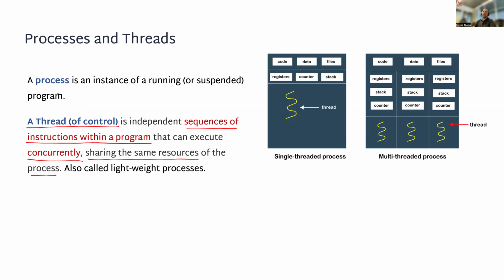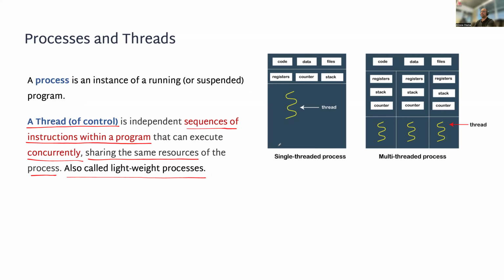Basically, a process is an instance of a running program, but inside that process you can have different threads of control, different independent sequences of instructions that can be executed concurrently. And by concurrently, I mean one instruction can be executed at one time, and another one at another time, like interleaving. That's why threads are also called lightweight processes.